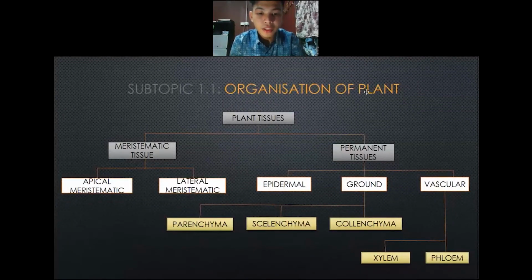Phloem transports sugar produced from photosynthesis from the leaf to storage organs such as roots, fruits and tubers.